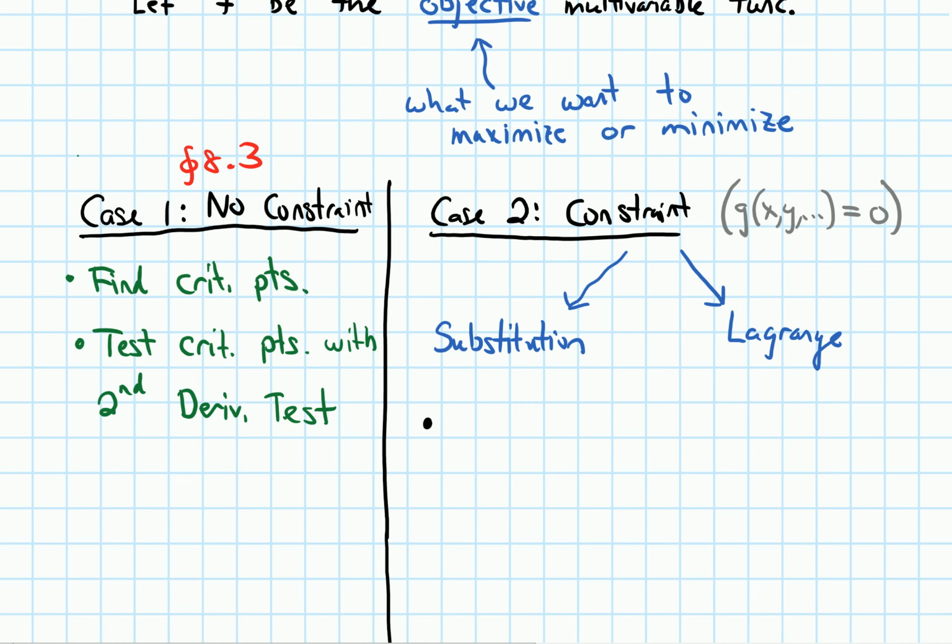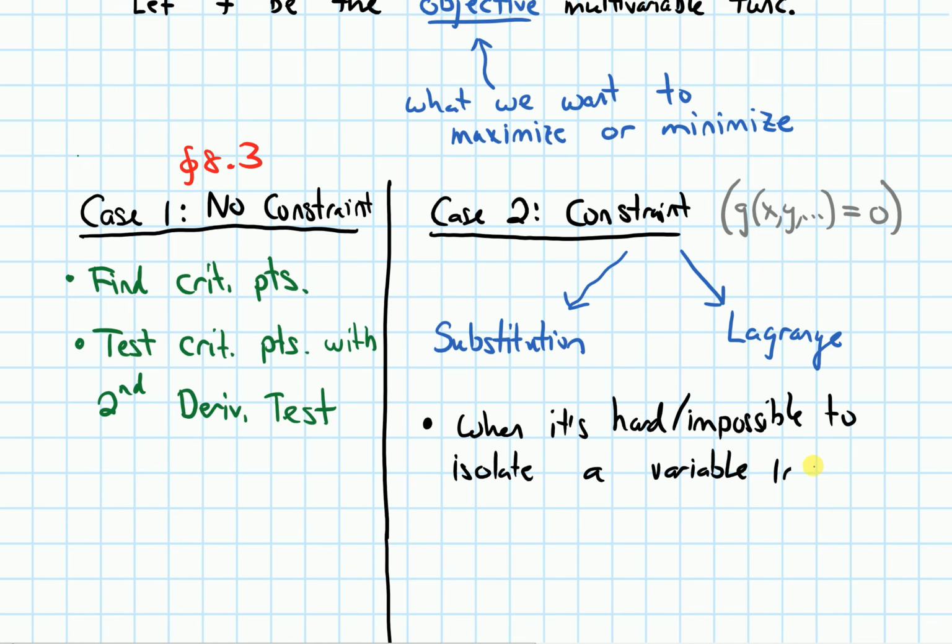All right, so there are two comments that I want to make about things to look for that can help us decide which way might be a bit better. The first is when it's hard or impossible to isolate a variable in our constraint so that I can then substitute in.